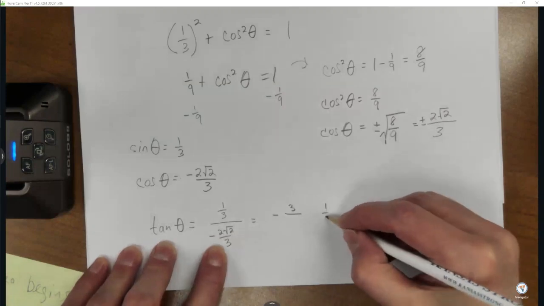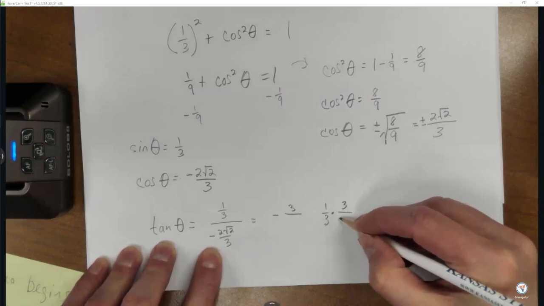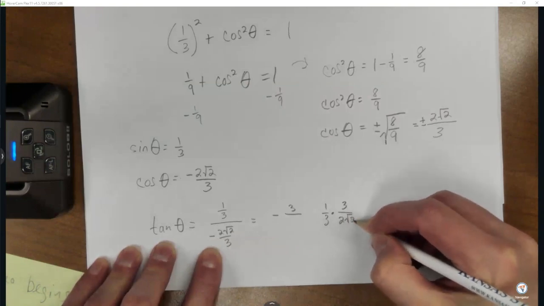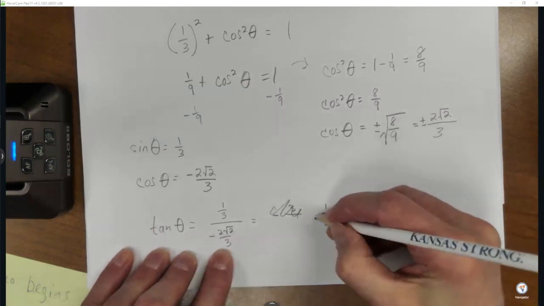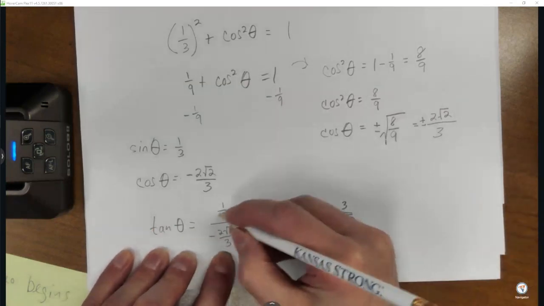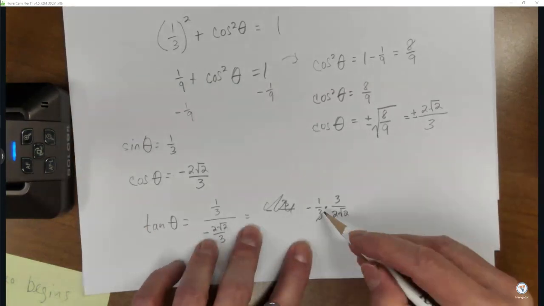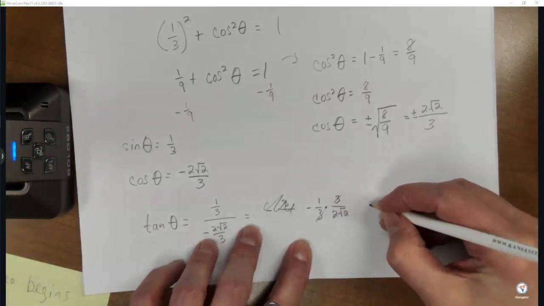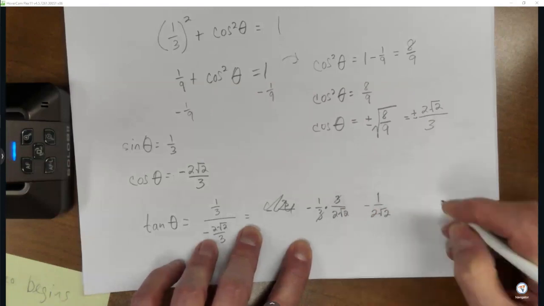So I'm going to take 1/3 times 3 over 2 times the square root of 2. And it's a negative because the denominator is negative and the numerator is positive. So it's going to retain the negative. The 3's are going to divide out. So I have a -1 over 2 times the square root of 2.